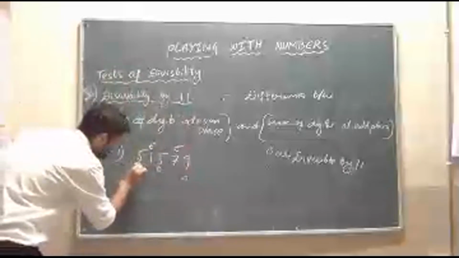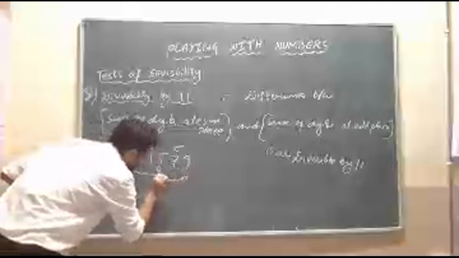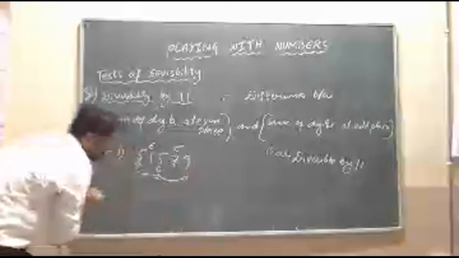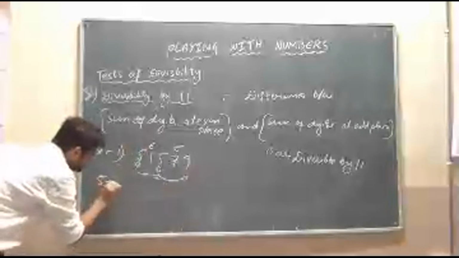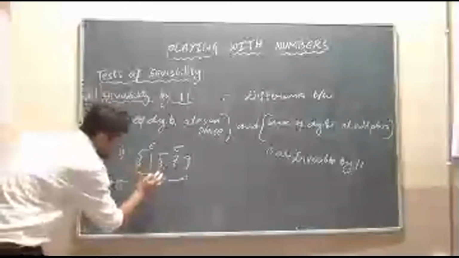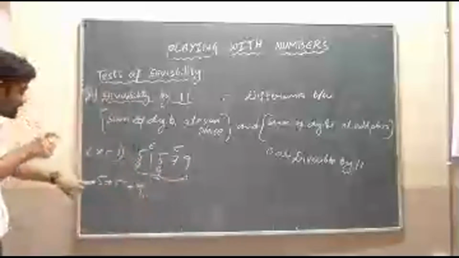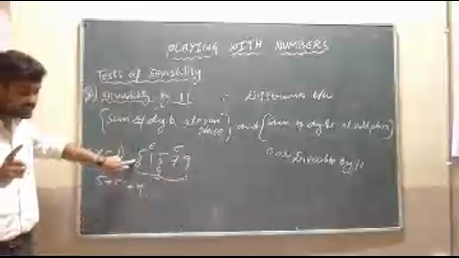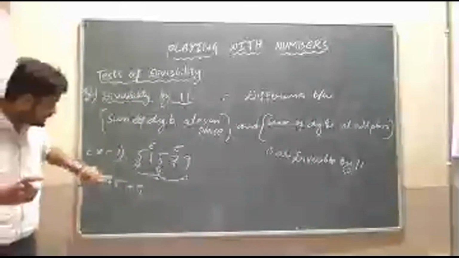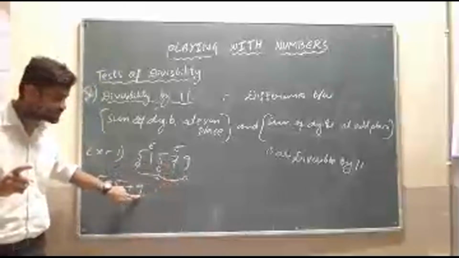Okay, odd numbers equal, that is 5 plus 5 plus 9. Isn't it? These are the odd numbers.